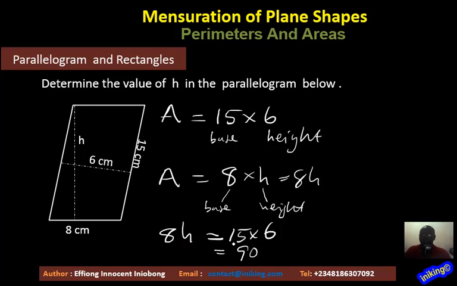From here, I can solve for my h. I can simply say that my h is 90 divided by 8, by dividing both sides by 8, because we have 8h equals 90.